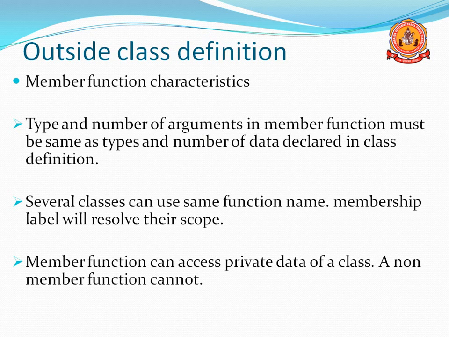Here, if you define the member function outside the class definition, it has certain characteristics. The type and number of arguments in the member function must be the same as the type and number of arguments declared in the class definition.